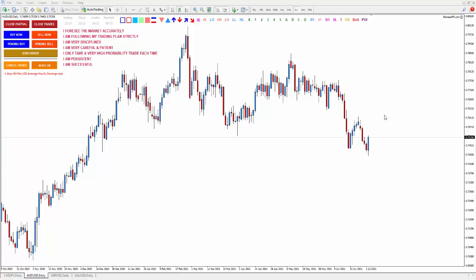First thing first, try not to trade too many pairs when you trade the order block. You can just focus on 3 to 5 pairs like what I do. I'm going to explain why. Because with the order block, you can aim 1 to 10, 1 to 20, even 1 to 30 easily.